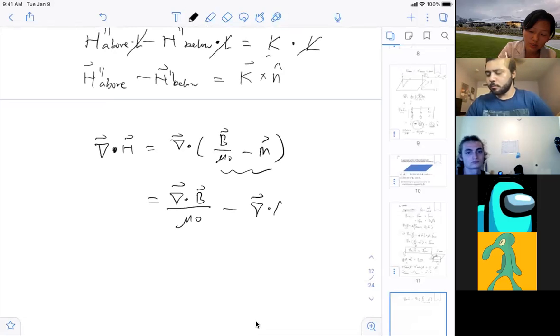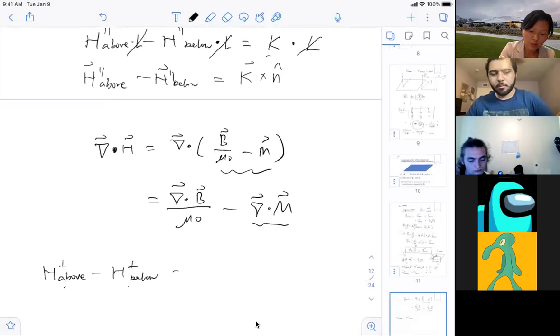So that is really just going to be decided by the divergence of M. So the last boundary condition simply is not really all that informative. It's just saying the change in the perpendicular component of H across the boundary is going to be the same as the magnetization's change across the boundary.